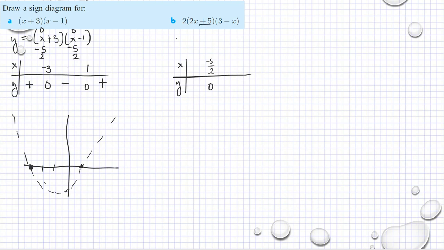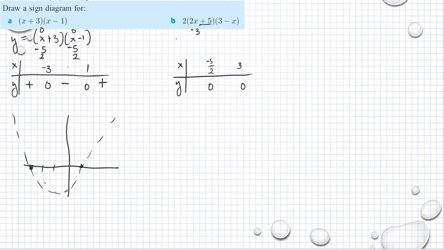And when x is 3, this is also 0. So this is -2.5. So if we try -3, for example, our x is -3, this will become 6.